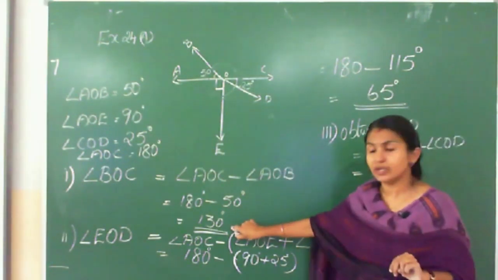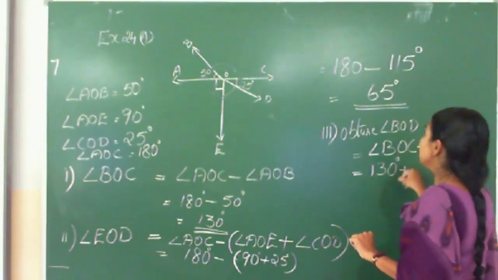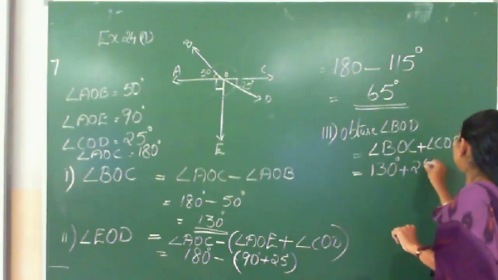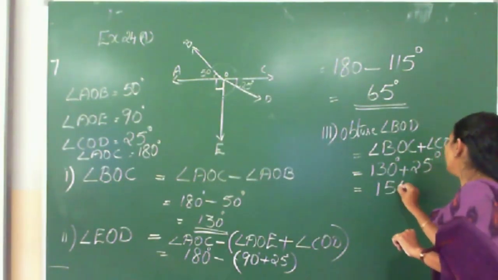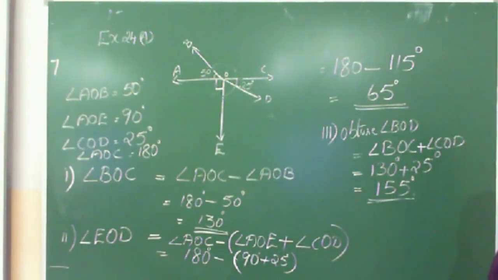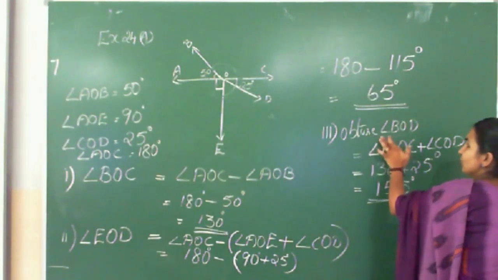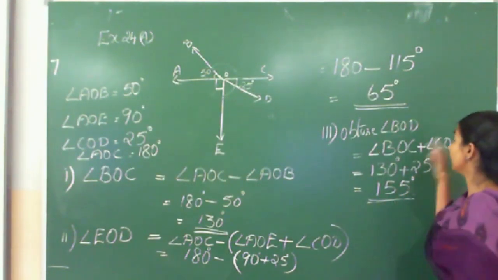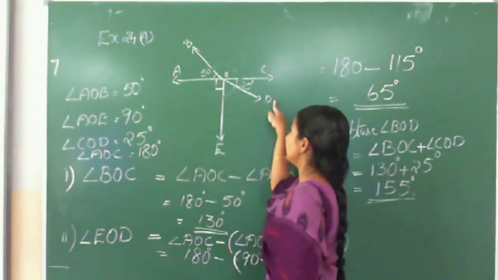We already found here, that is 130 degrees. 130 degrees plus 25 degrees is equal to 155 degrees. The main thing is you should find out which angle we want to find out. Angle BOD means obtuse angle BOD is this one.